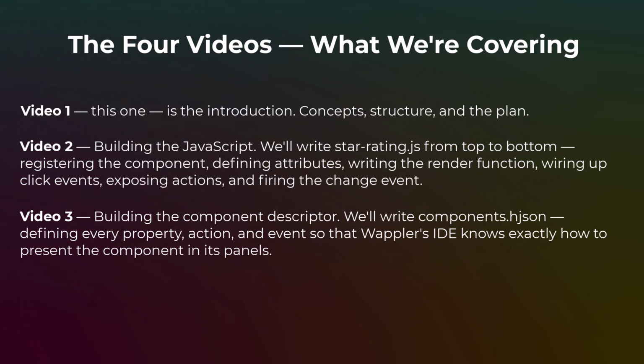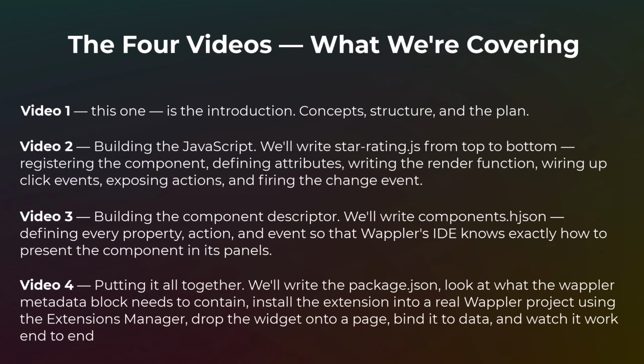We'll write components.hjson, defining every property, action, and event so that Wappler's IDE knows exactly how to present the component and its panels. Video 4, putting it all together. We'll write the package.json, look at what the Wappler metadata block needs to contain, install the extension into a real Wappler project using the extensions manager, drop the widget onto a page, bind it to data, and watch it work end to end.